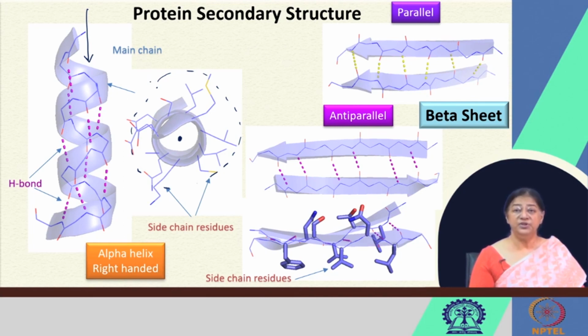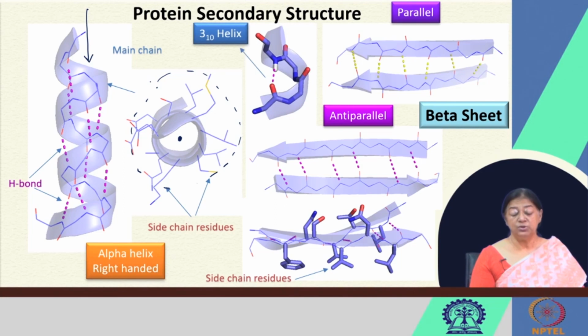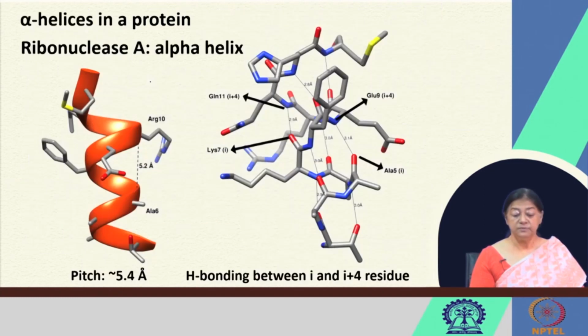So, the common feature of the alpha helix and the beta sheet is that they have hydrogen bonding interactions that hold the helix, or the strands, be they parallel or anti-parallel, the way they are. Another type of helix that can be formed is the 3-10 helix. We will look at these specific types of helices in a moment.